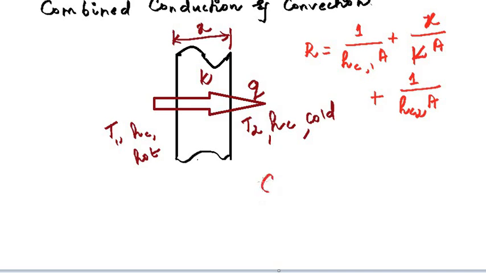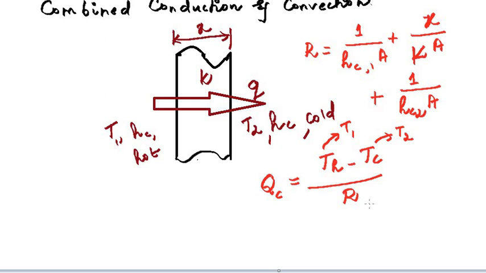Hence the rate of heat transfer Qc by conduction and convection is T hot minus T cold, that is temperature 1 minus temperature 2, divided by the total resistance R.